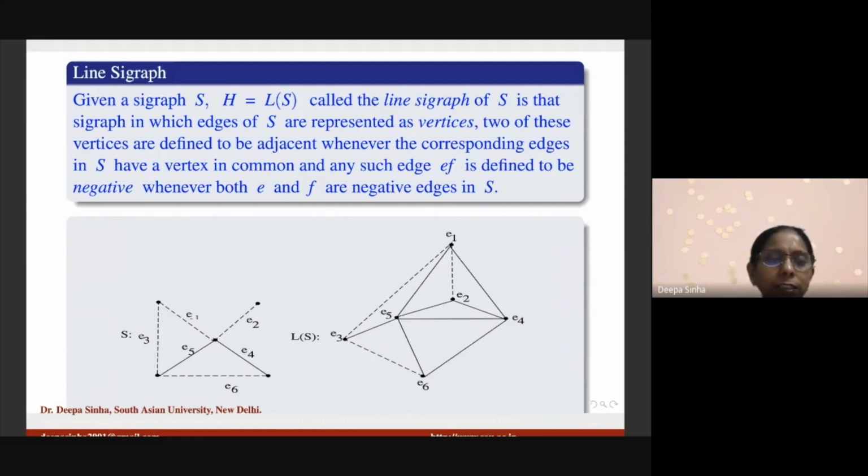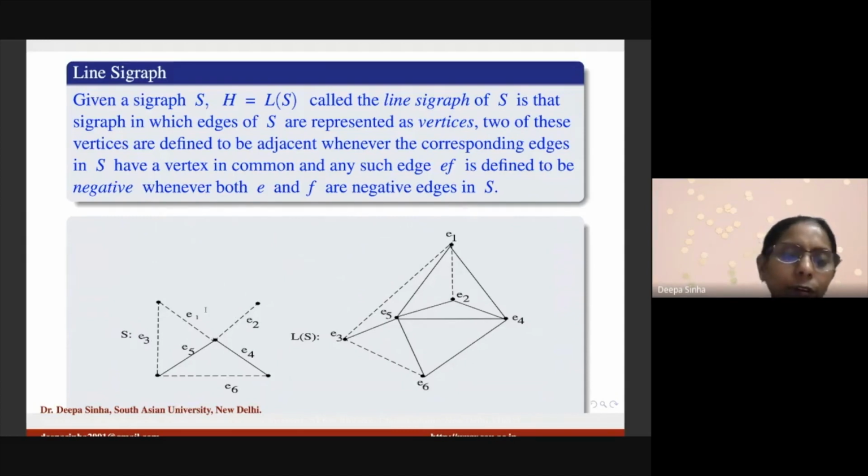Here you see this is E1, this is E3, both are adjacent to each other. E1 and E2 are adjacent to each other, so E1 will be joined to E2. E1 and E5 are adjacent to each other, so they will be joined. E3 and E2 are not adjacent to each other, so they will not be joined.